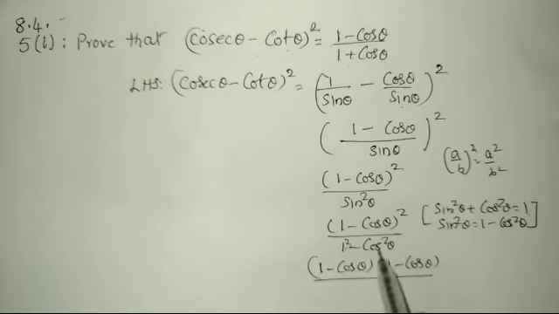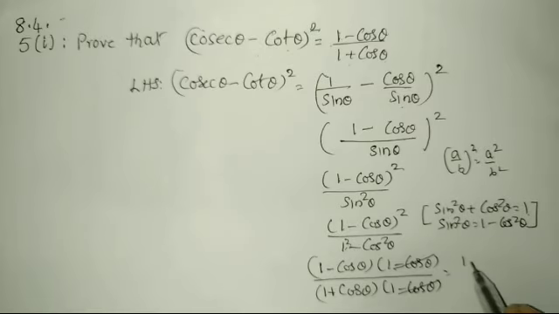We know that a square minus b square can be written as (a plus b) into (a minus b). Here a plus b means 1 plus cos theta. A minus b means 1 minus cos theta. So 1 minus cos theta gets cancelled. We get (1 minus cos theta) by (1 plus cos theta). That is equal to RHS.